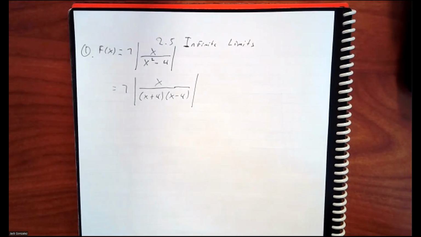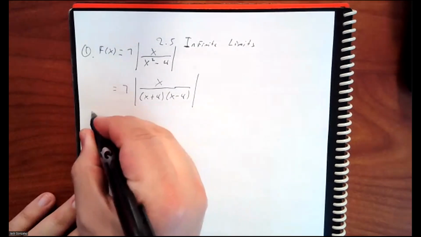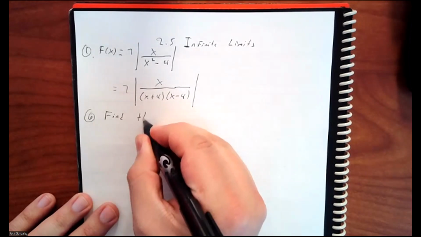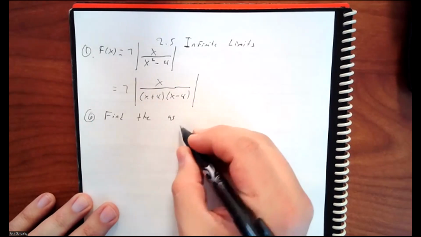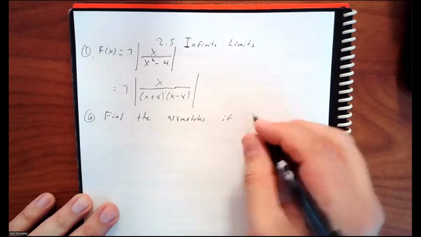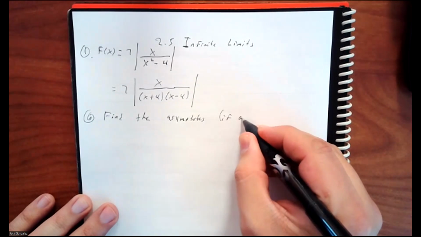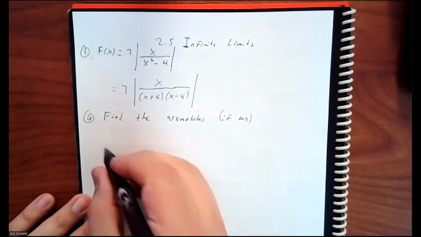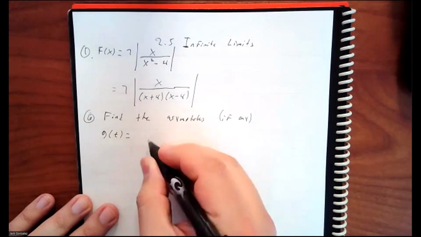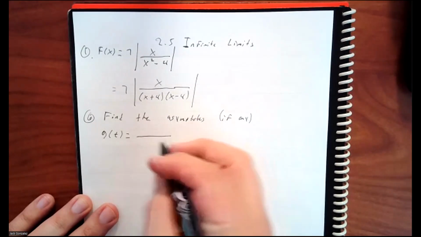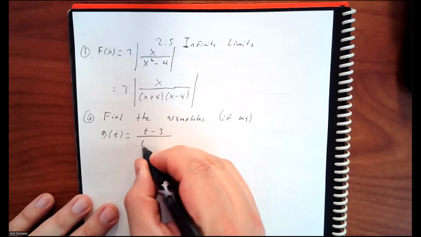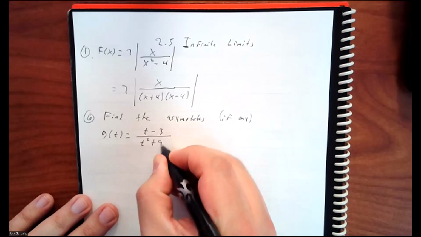Find the asymptotes, if any. We just put there's no way to get 0 in the denominator. Pretty much.